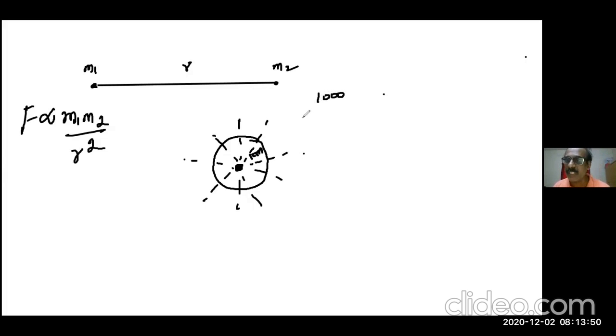Imagine 1,000 gravitons. If we imagine a sphere that encloses the surface, the number of particles coming out here is 1,000, and the area that encloses at a distance of 1 meter is 4 pi r squared, where r is 1 squared. Then per unit area, how much is coming out? This is called intensity or strength, how much is coming out through that unit area.